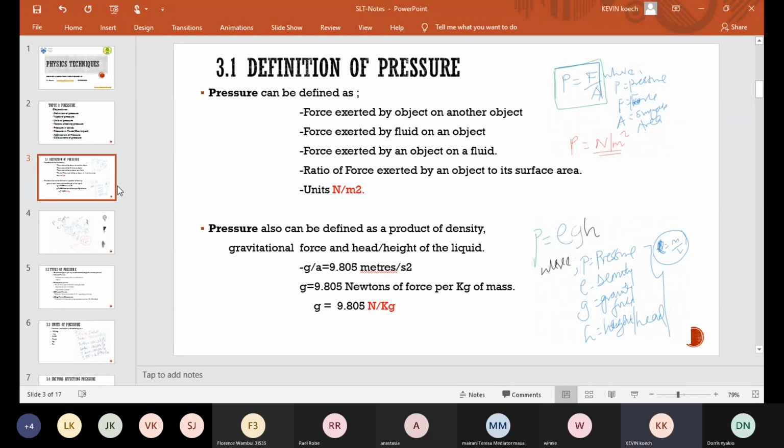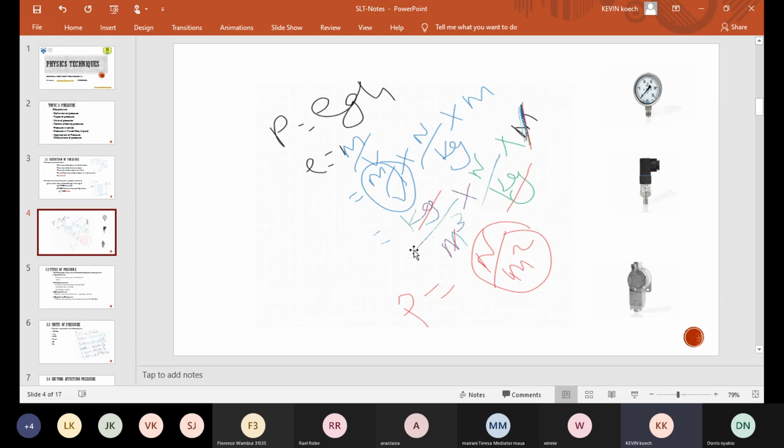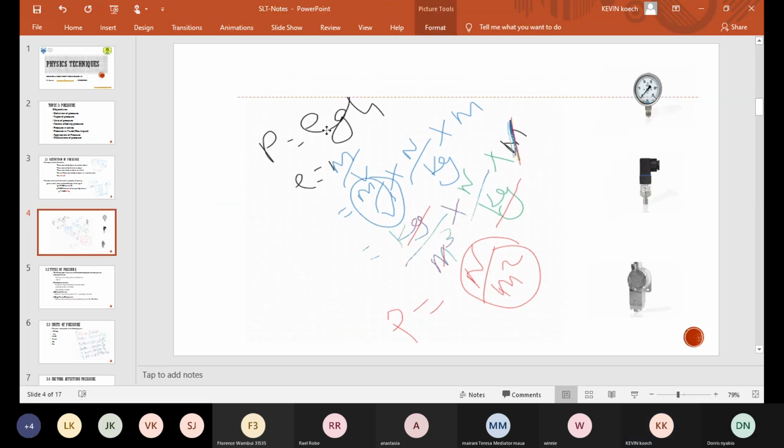Okay, let's go on. So we said pressure can be given by using the formula rho GH. So density here, which is rho, is given as mass divided by volume. And units of mass is kg divided by volume in cubic meters, multiplied by gravitational force.